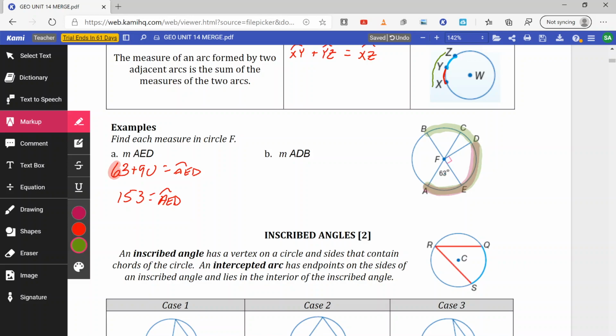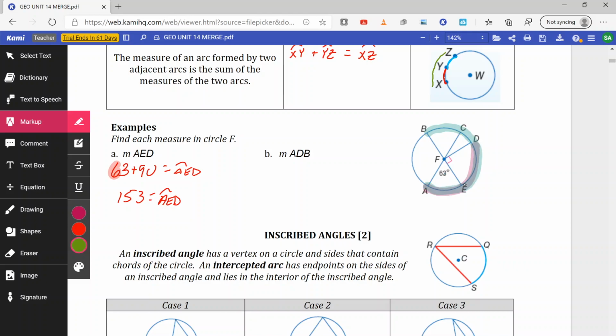So we have angle 63 and 90, so we know this part's 153. Now, how are we supposed to figure out the rest of it? Well, if I take a look at BE, BE is a diameter, and it's a semicircle. And we know semicircles make up 180 degrees.